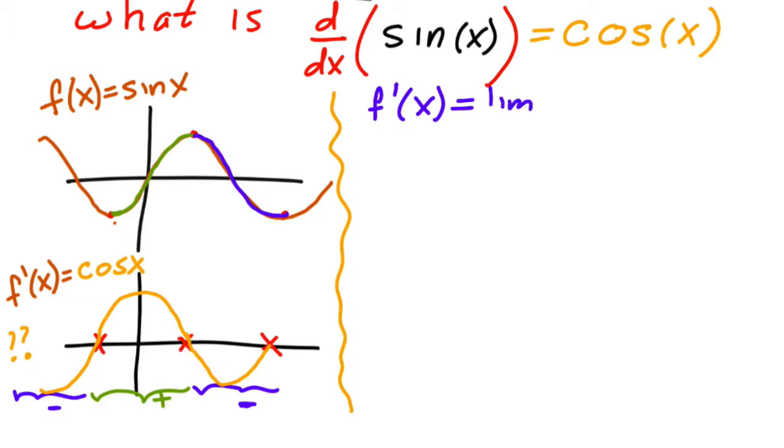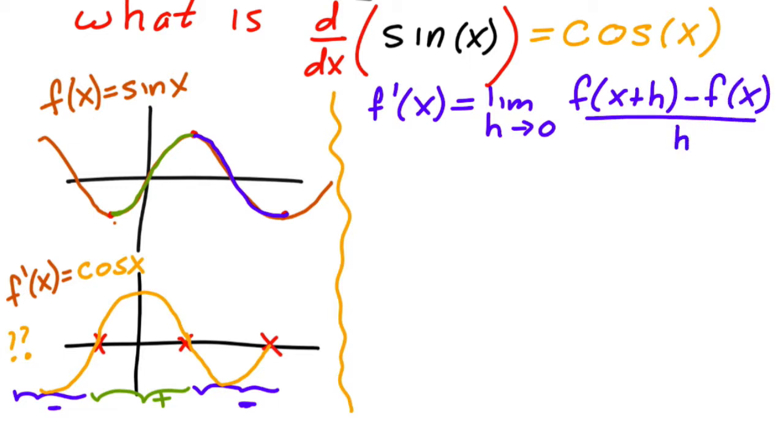We've got the derivative f prime is equal to the limit as h approaches 0 of f of x plus h minus f of x all over h.